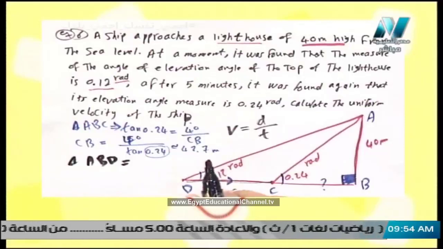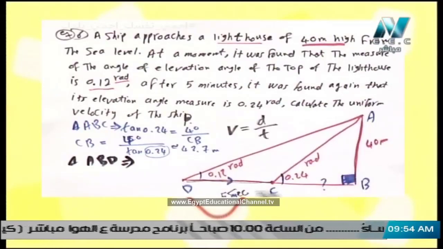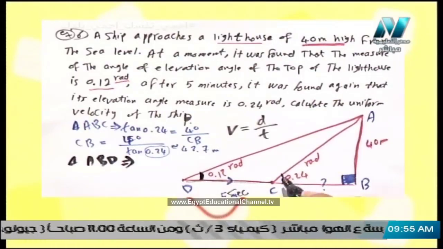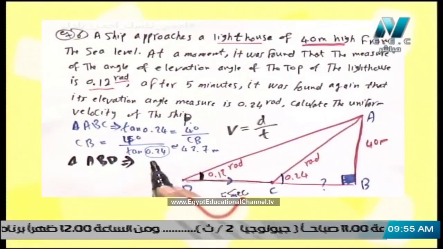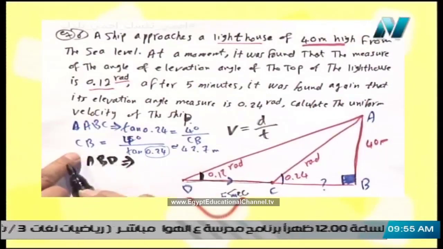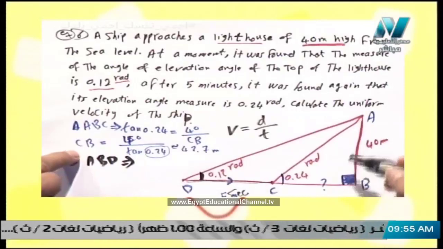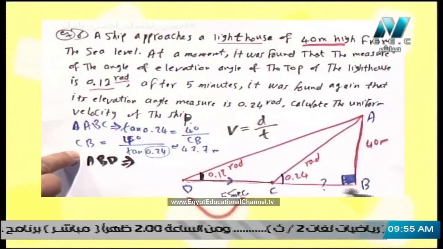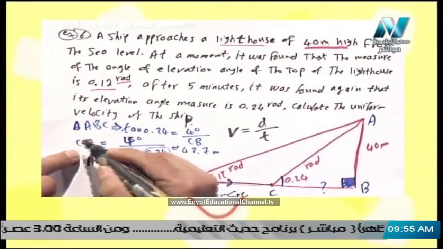We will find BD using this angle. Not CB, it is DB. We used 0.12, so we deal with triangle ABD, so it's BD.